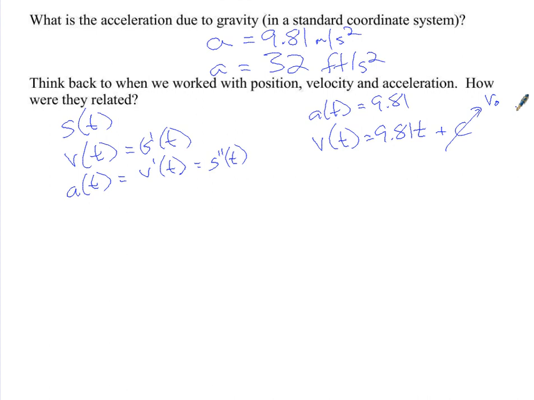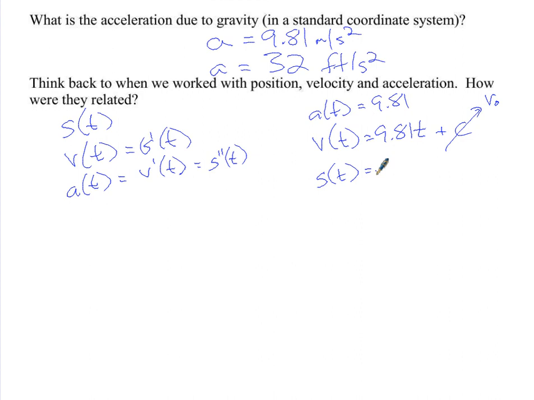So if I integrate again, I'll get my position function. s of t equals, a little bit tougher, we're trying to integrate to get our position function. What do you got?